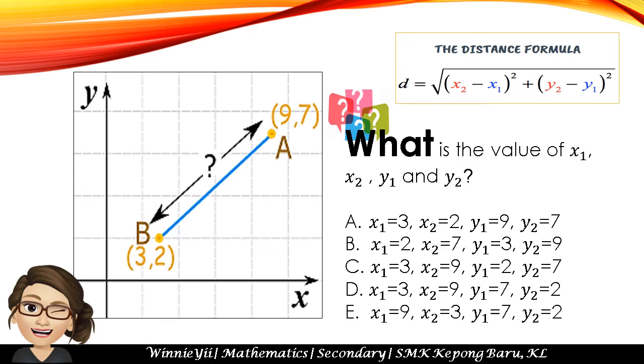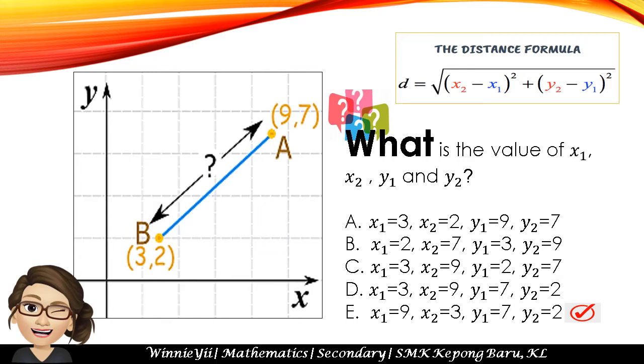There are 2 points on the Cartesian plane. What are the values of x1, x2, y1, and y2? Let's say point A is point 1, and point B is point 2.